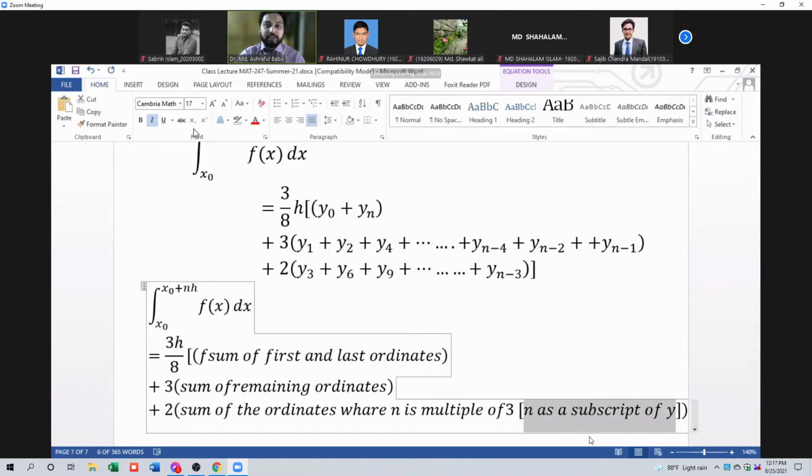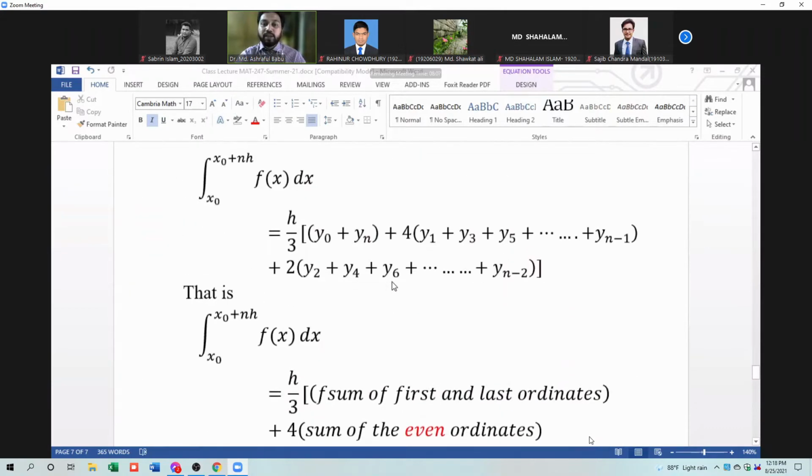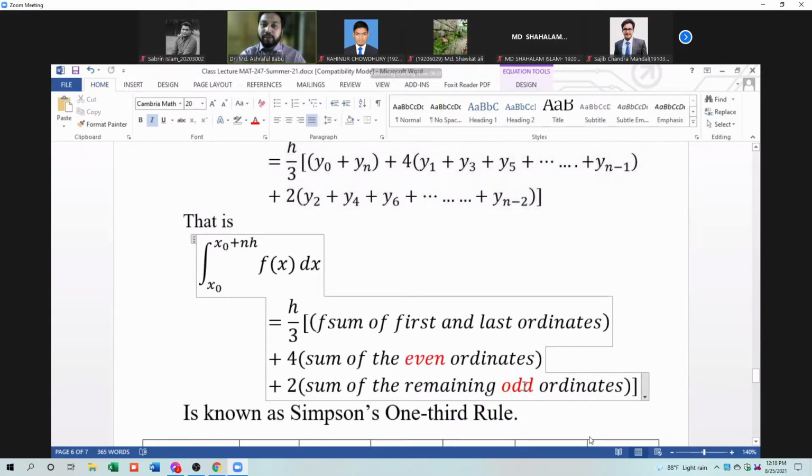N is the subscript, not the position of the ordinates. You get this? Okay, sir. y3, y6, y9, these are the subscripts of y. And in Simpson's 1/3 rule, even and odd is not the subscript of y. Even and odd means the position of the ordinates. So I have to write even position.